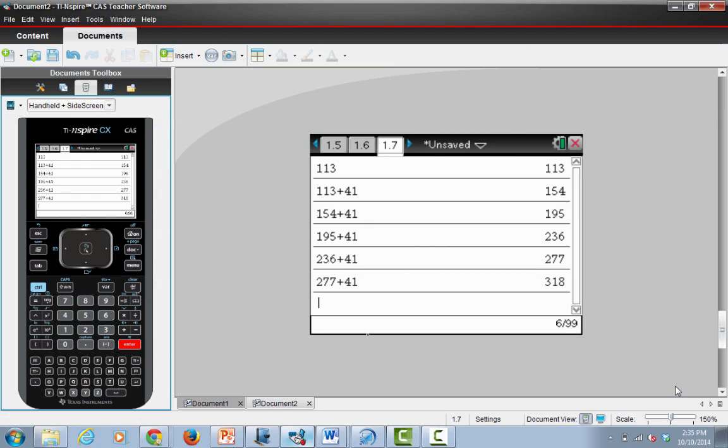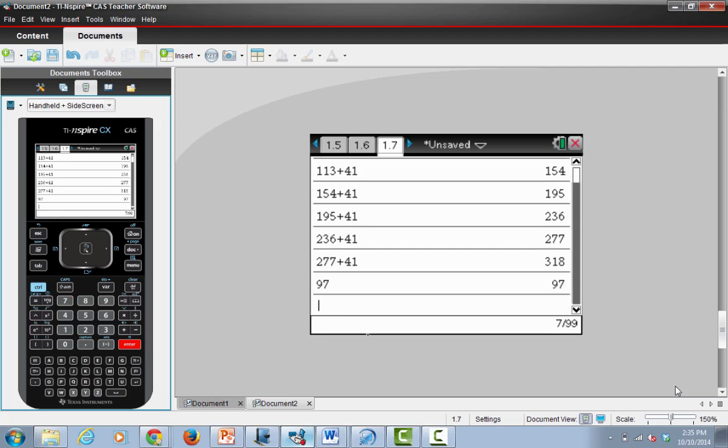Okay, so if I'm going to start over and do the same thing for this example, it's 97, enter, right? And then I'm going to go to control, answer, right there. And I'm going to say minus 23 this time, enter. So my next one's 74, that's correct on our page. Then it goes down to 51, yep, check. 28, check. 5, check.